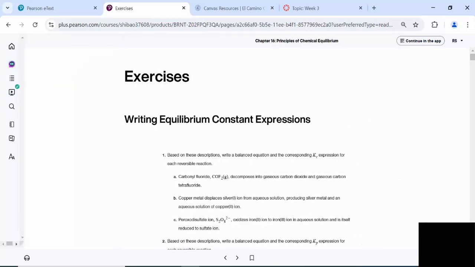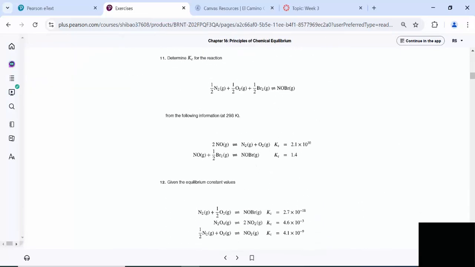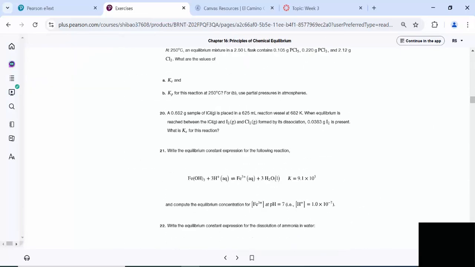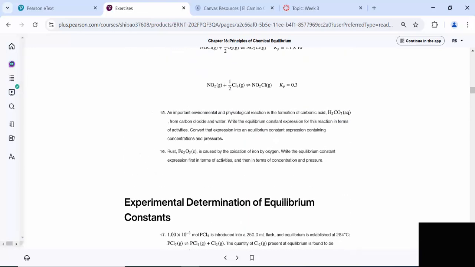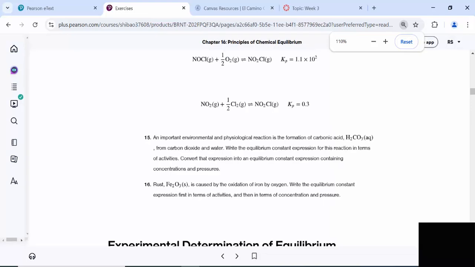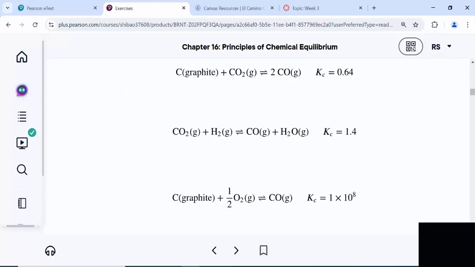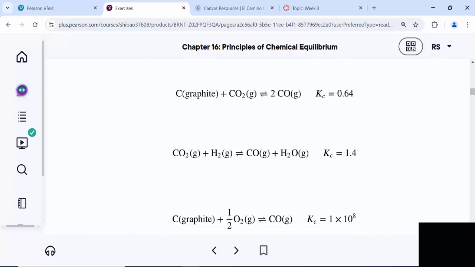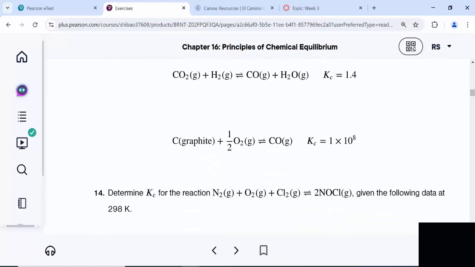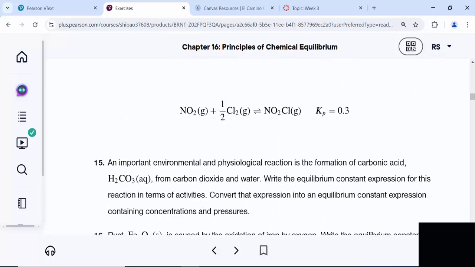All right. And then some homework problems. This is just like Hess's law style problems where you just add up the reactions and figure out what the K for the net reaction is.